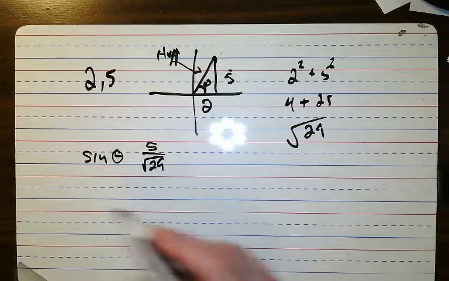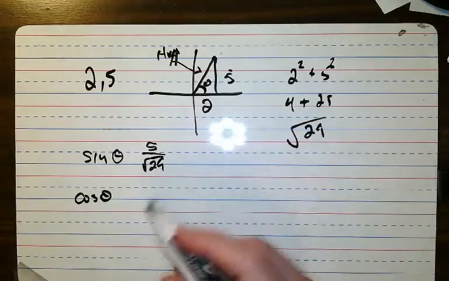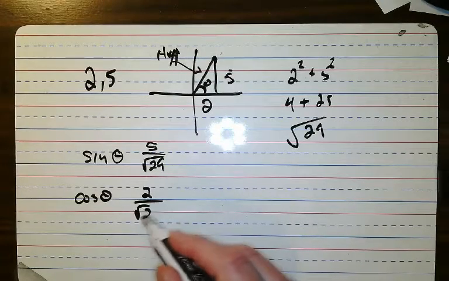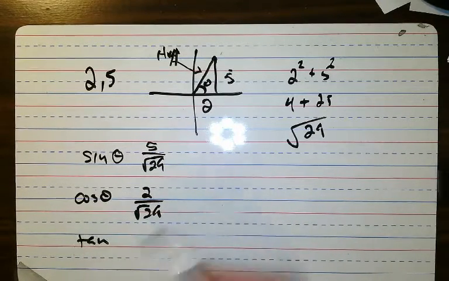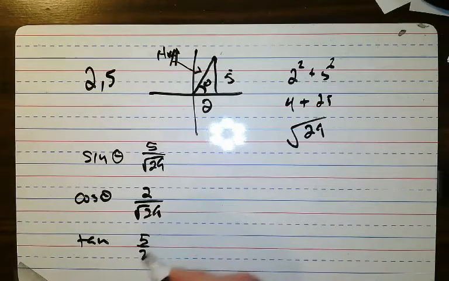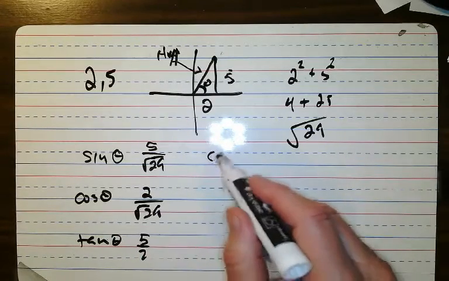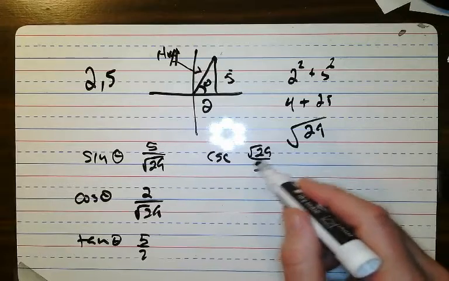Cosine is adjacent over hypotenuse, 2 over the square root of 29. And tangent is opposite over adjacent, 5 over 2. Now, if I wanted to know the cosecant, that would be the square root of 29 over 5.